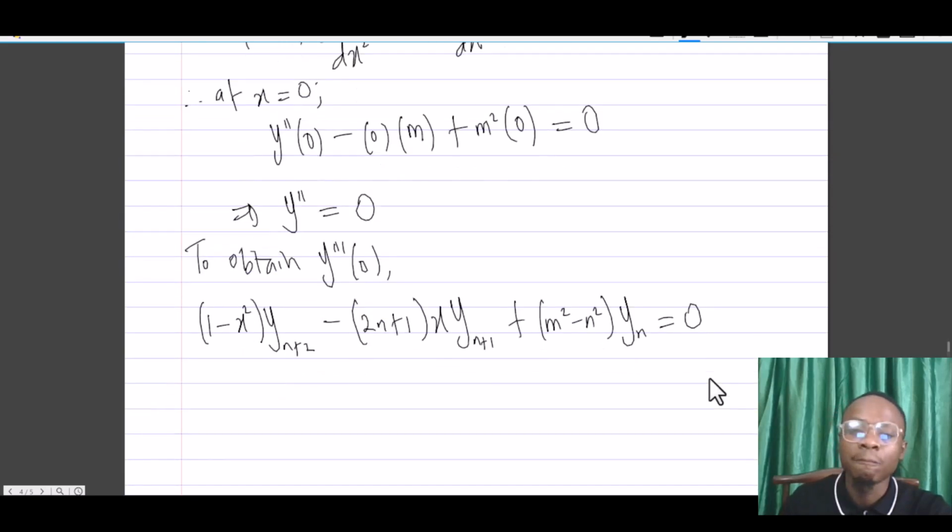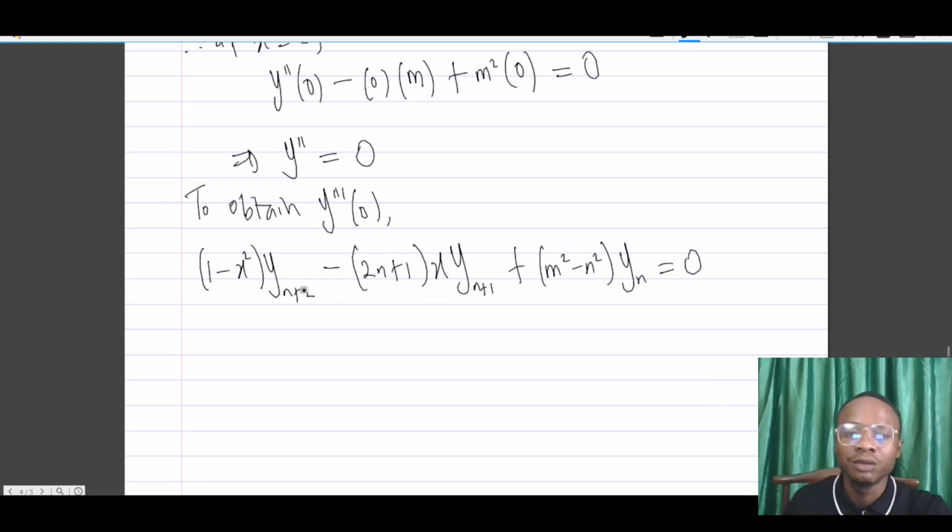So from this, for y3, we can set n equal to 1. When we set n equal to 1 here, and we are interested in the value at x equal to 0, don't forget, we set x equal to 0 as well.